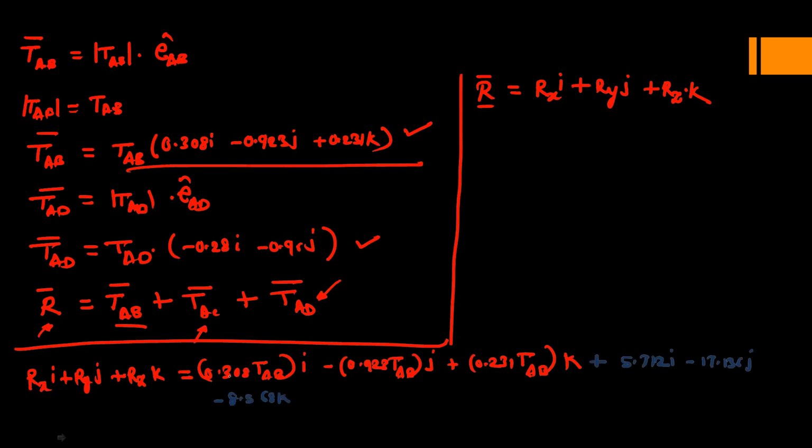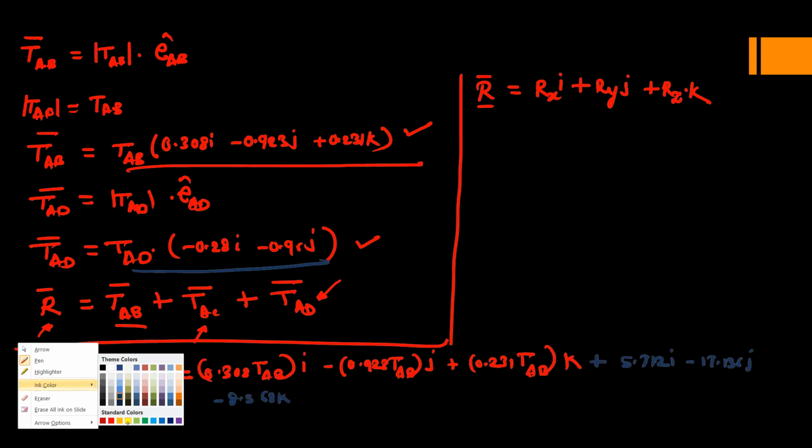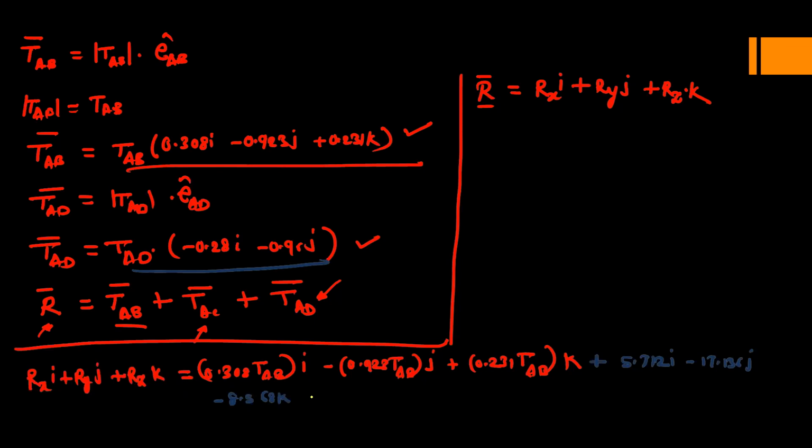Then put the value of the vector tension AD: minus 0.28 tension AD unit vector i minus 0.96 tension AD unit vector j, and the z component is 0.